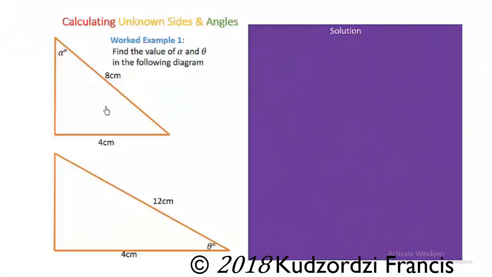We are finding the value of alpha and theta. So for the alpha, we were given the opposite to be equal to 4 centimeters, and we're also given the hypotenuse to be equal to 8 centimeters. So now we choose the trig ratio that contains the opposite and the hypotenuse.